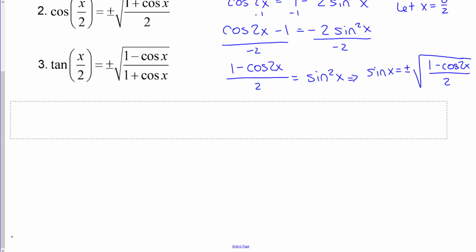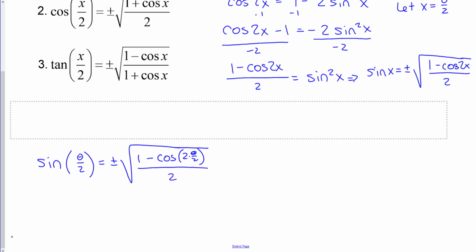If I let x equal theta over 2, then sine of theta over 2 is the plus or minus square root of 1 minus cosine of 2 times theta over 2, divided by 2, which is what we expect from the formula. So plus or minus the square root of 1 minus cosine theta divided by 2.